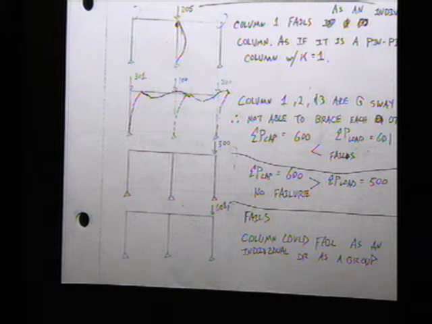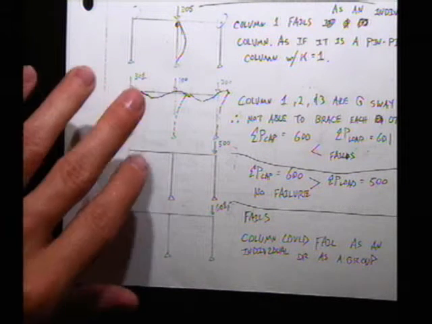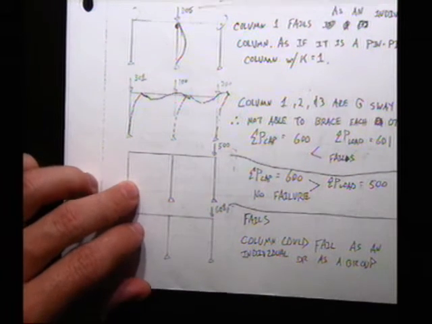It's going to be whichever one has more imperfections is going to happen first. Okay? And I'm going to guess that it probably fails as an individual. But if you have a building and the individual column fails, that's pretty bad. Right? We would definitely call that failure of the system. Right? No one would like their building to lose a column.